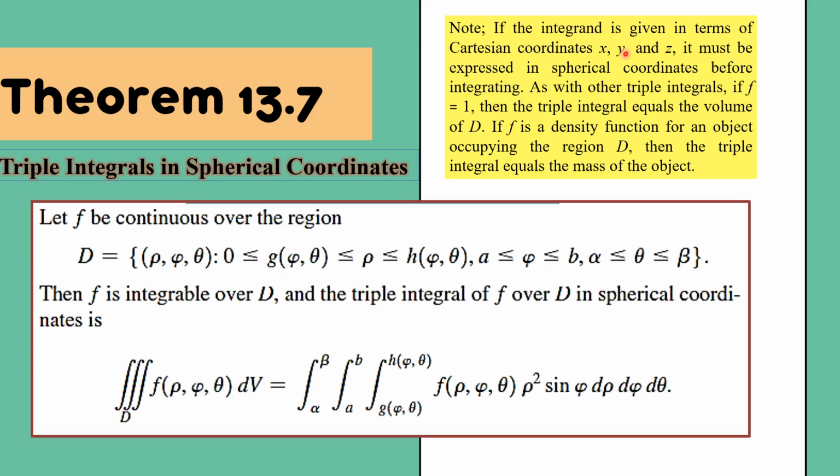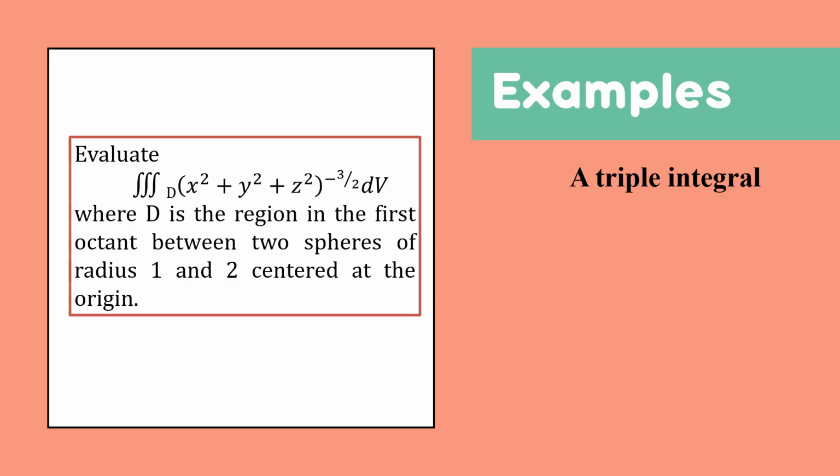We also note that if the integrand is given in terms of Cartesian coordinates x, y, and z, it must be expressed in spherical coordinates before integrating. As with other integrals, if f equals 1, then the triple integral equals the volume of D. If f is a density function for an object occupying the region D, then the triple integral equals the mass of the object.